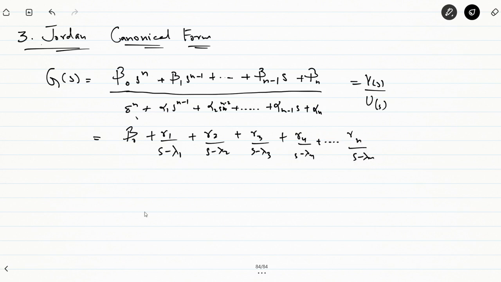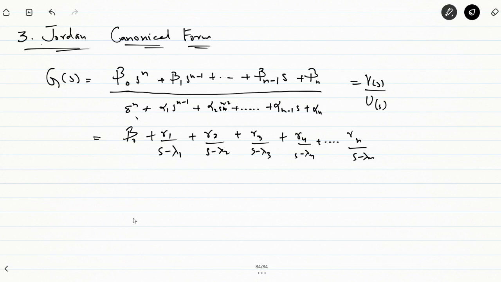If we have any fractional term where our denominator is a quadratic equation, we can obtain its roots, and in terms of roots we can then derive the partial fractions. You can use the partial fraction algebra for obtaining the Jordan canonical form.